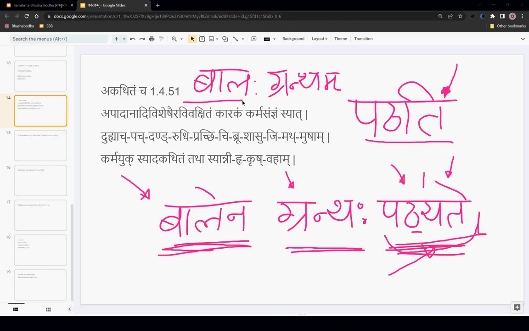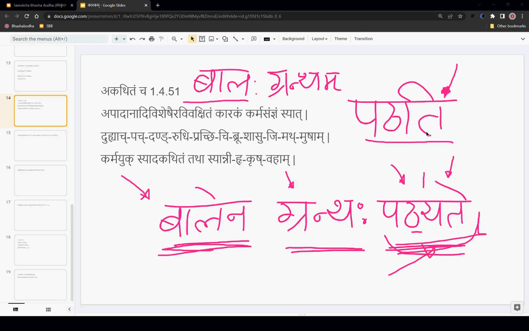So the noun which refers to kartru doesn't need kartrukaraniya tritiya here, because that kartrutva is indicated by patati. So anabhihita abhavat. It is already indicated, expressed.